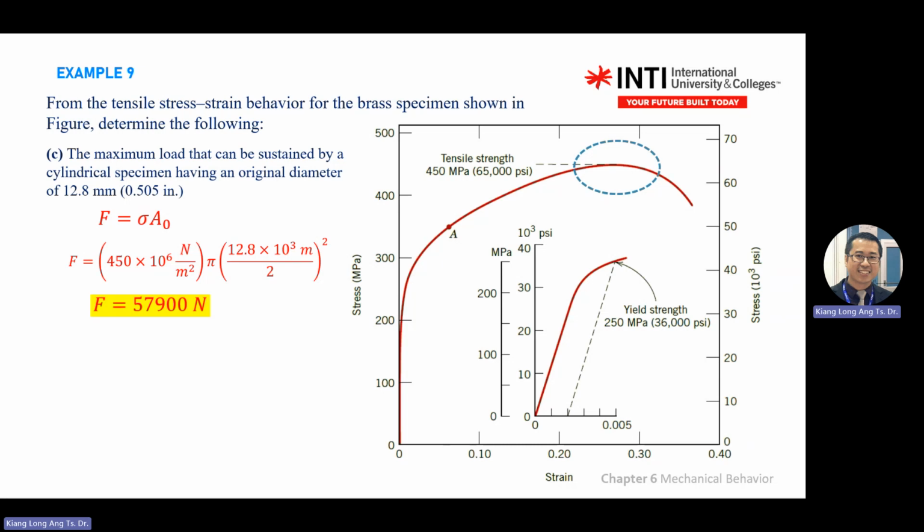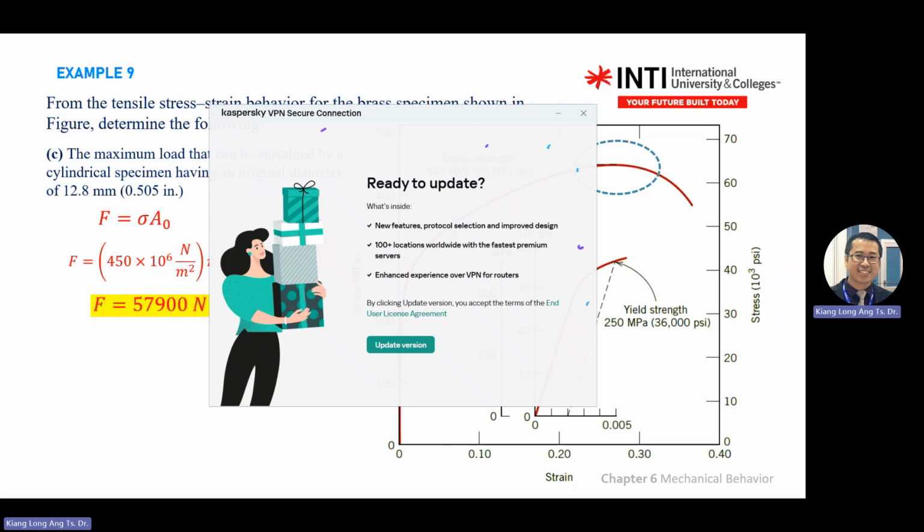Basically you rearrange the stress formula: force equals stress multiplied by area. So it's still testing you on Hooke's law, the definition of stress, the definition of strain, and so on.